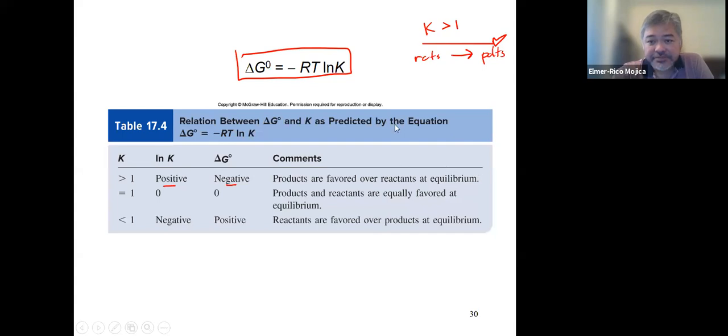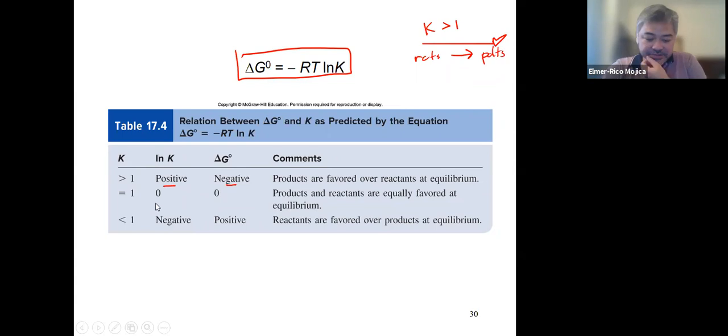If the forward reaction has a positive delta G, it will not happen spontaneously, and the backward reaction is favored. So K is less than 1 with a negative ln K. If you have a system at equilibrium, your delta G is 0, your K equals 1, and ln of 1 is equal to 0.